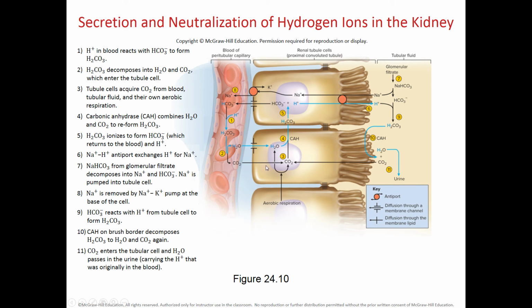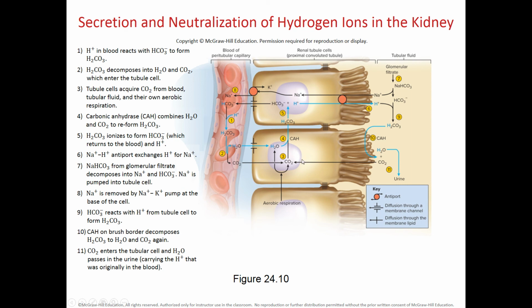So whenever you have these hydrogen ions in here, in your peritubular capillaries, they can combine with CO2 that was broken down in here from these bicarbonate ions, and then you can form this carbonic acid that is going to be broken down again into hydrogen ions and CO2.